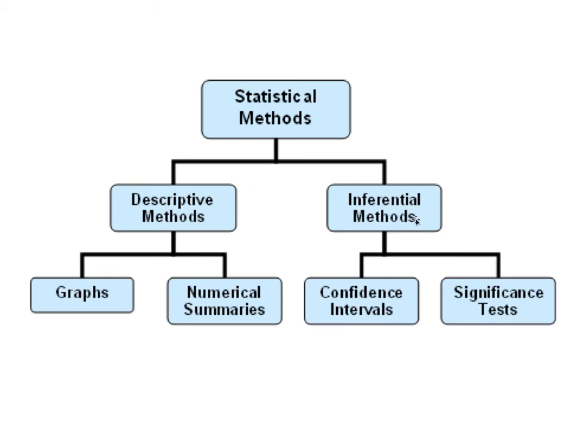Now when we go to inferential methods, our inferential statistical methods are making inferences. This is where we're making predictions and coming up with our conclusions about how our variables are interacting with each other rather than just describing things. So you see down here it says significance tests, confidence intervals. Your inferential methods are like your t-tests, where you're comparing two different averages to see if they are statistically significant.